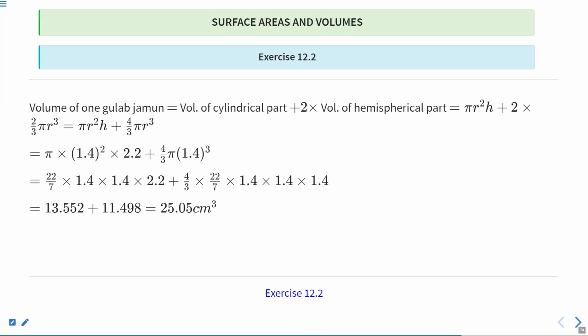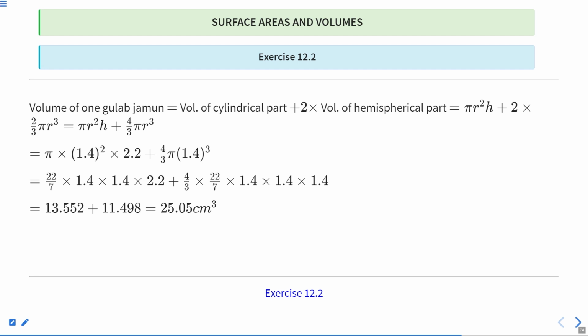Now the volume of one gulab jamun is equal to the volume of the cylindrical part plus 2 times the volume of the hemispherical part. We know that the volume of the cylindrical part is pi r square h, where r is the radius and h is the height of the cylindrical part.